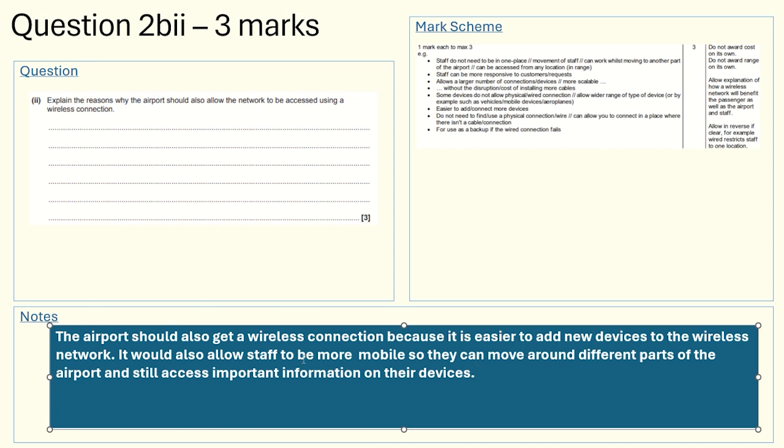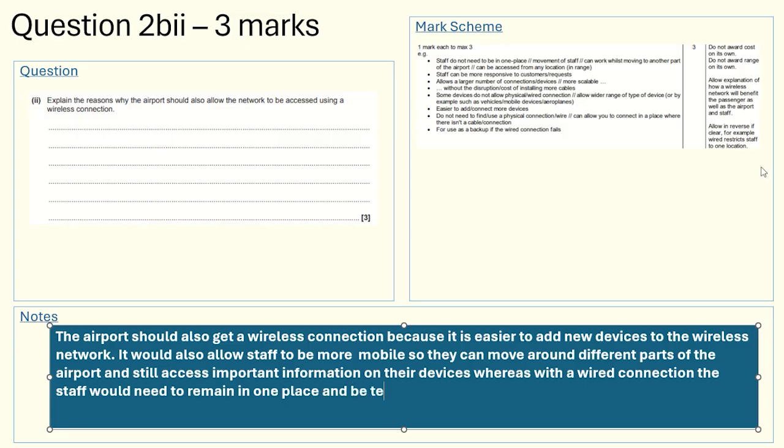And we can talk about the advantages of wireless. It also says that we can allow the reverse, so we could talk about how wired networks restrict as well. So for this one, we could say whereas with a wired connection, the staff would need to remain in one place and be, say, tethered or connected by a network cable at all times.